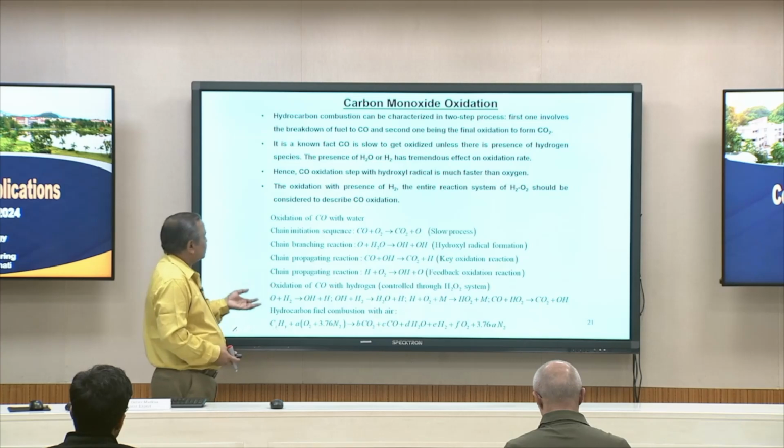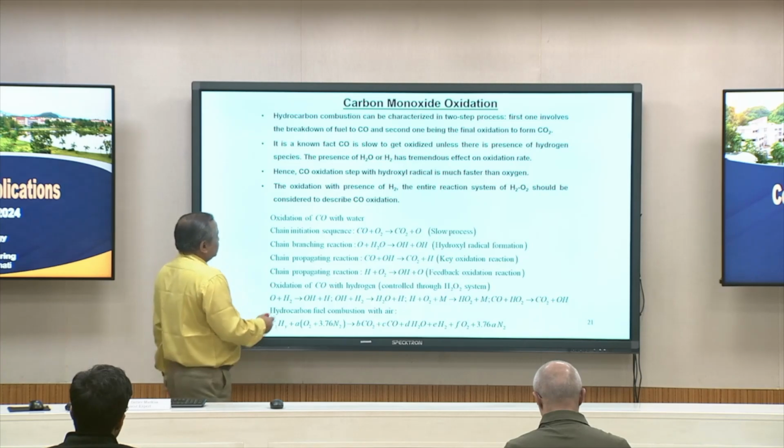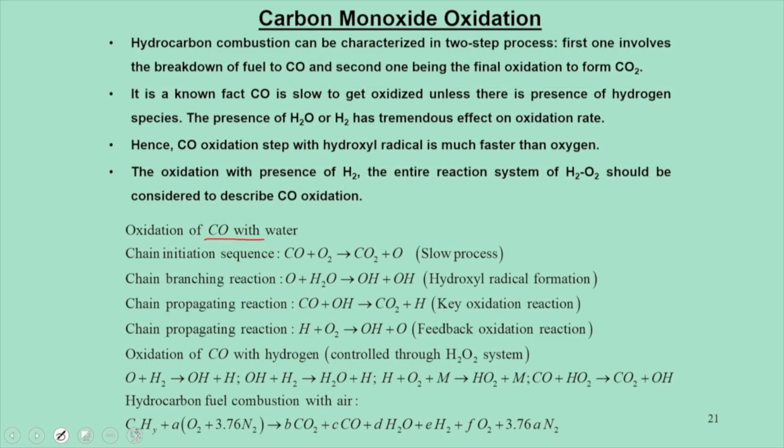That is what the chemistry talks about, when there is water, the possible elementary reactions that can happen. CO can react with O2 to give CO2, and the reaction should stop at this point.